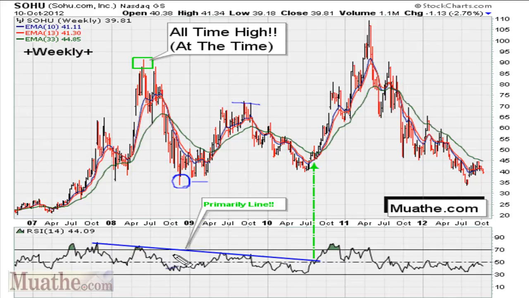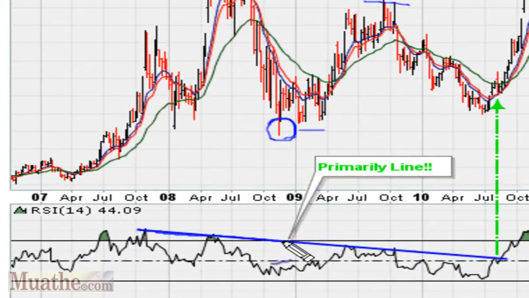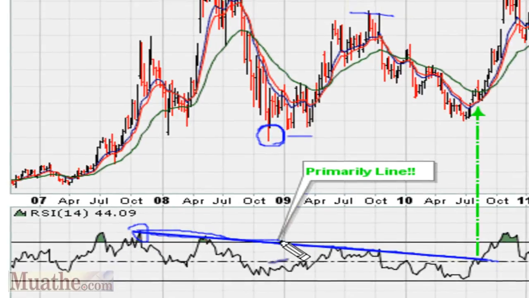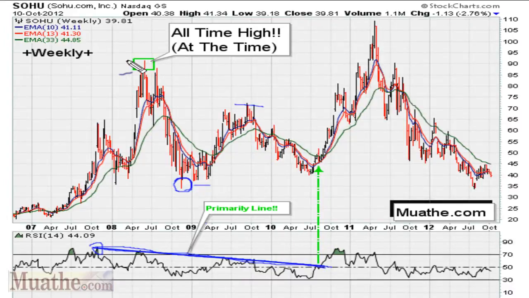Number one, remember, again, between 2007 and 2010, we had this RSI top lines formation here. The reason why this was a primary line on the RSI, this line here, is because it connected to an all-time high at the time.